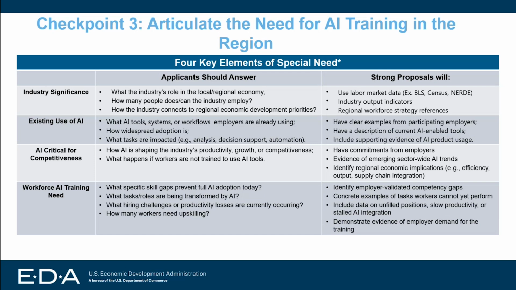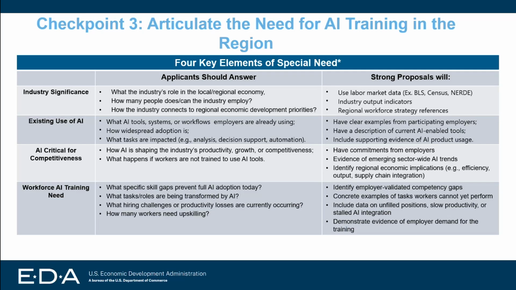The right data, the right examples, and the right framing here will significantly aid in the reviewer's understanding of what you're articulating in your proposal and in your region. And special need drives eligibility as well as scoring.